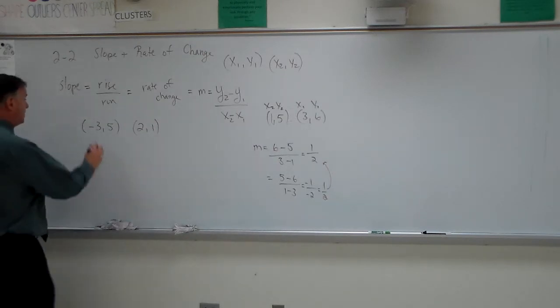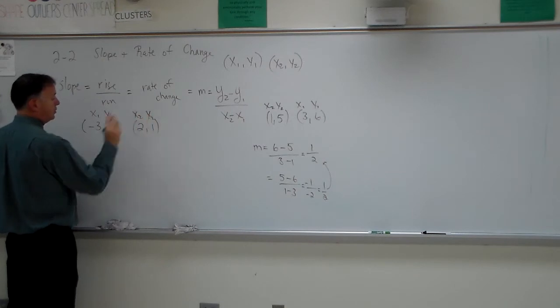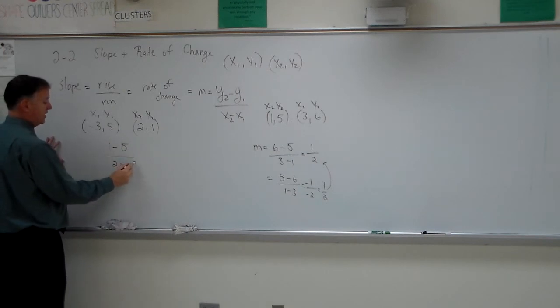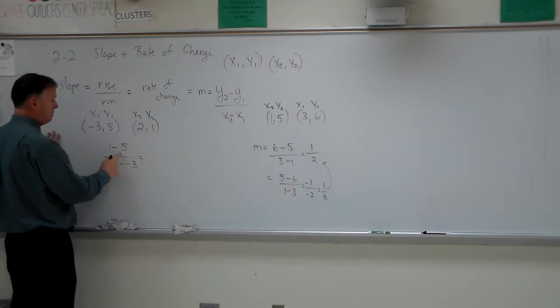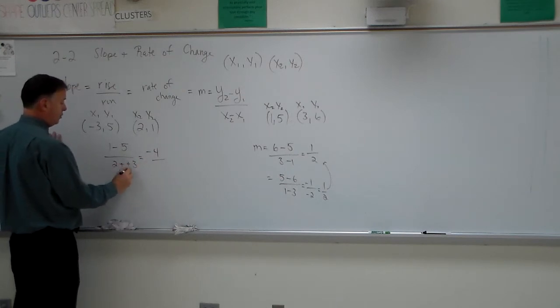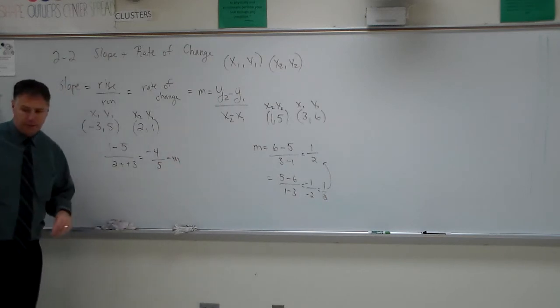Okay, so let's say we did x1, y1, x2, y2: 1 minus 5 over 2 minus a negative 3. 1 minus 5 is a negative 4, 2 minus a negative 3 is 2 plus 3, which is 5, so my slope is negative 4/5.